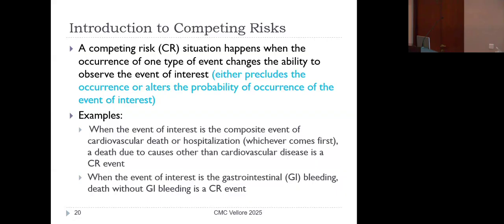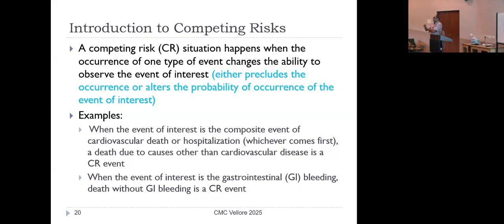All right, well, let's look at competing risks. Competing risk happens when the occurrence of one type of event changes the ability to observe the event of interest. So I said my event of interest is MACE. Cardiovascular death is part of MACE. But if I die of cancer, I cannot die of cardiovascular causes.